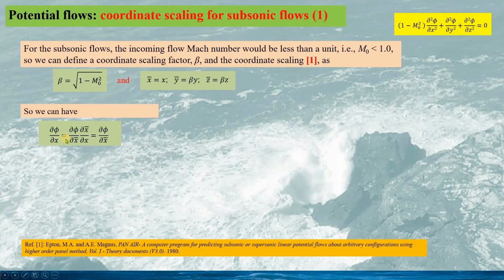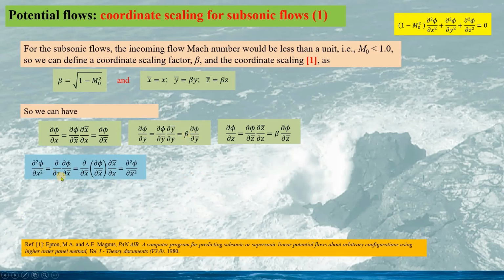And we can calculate the differentiation of phi with regard to x, so we can obtain the relation as this. For the differentiation of the potential with regard to y and z, the relation is slightly different from the relation here, so we get the beta here.